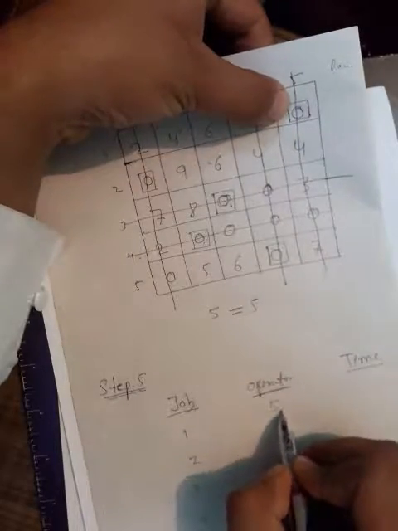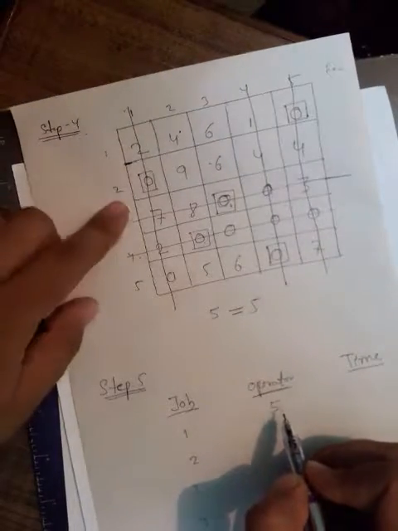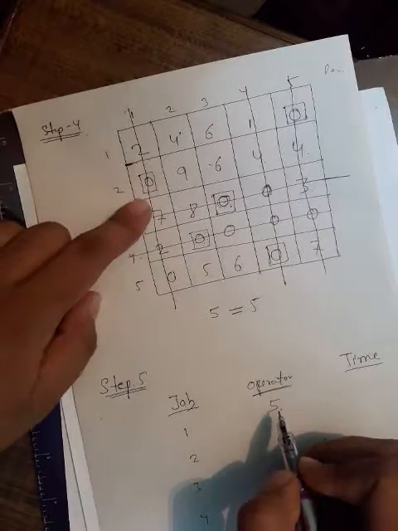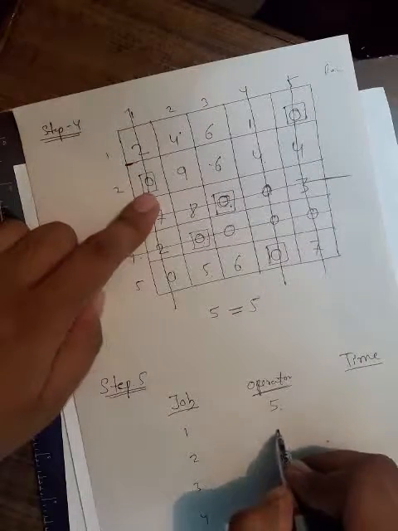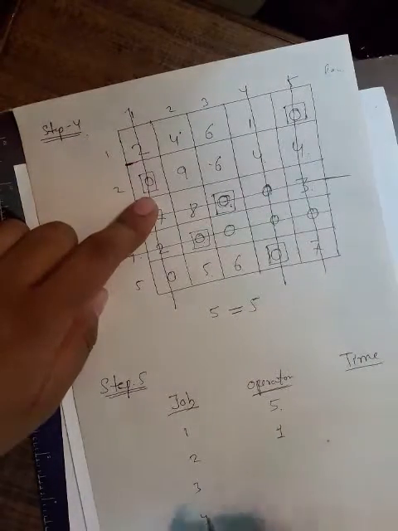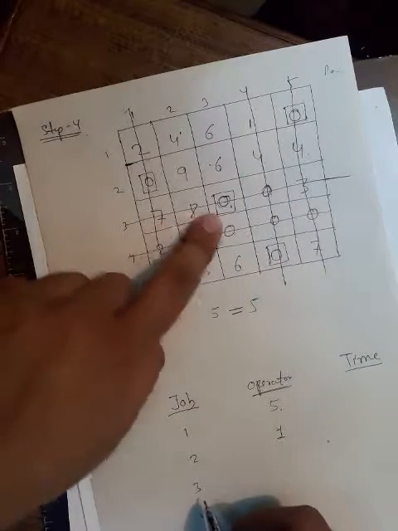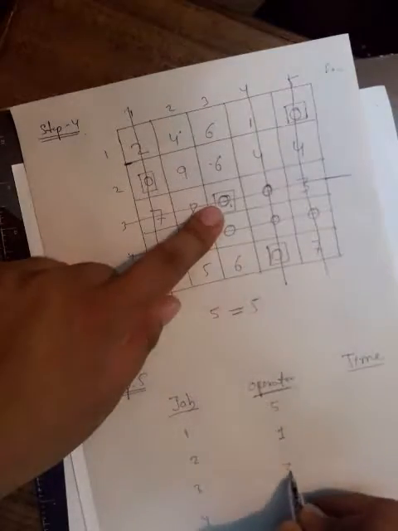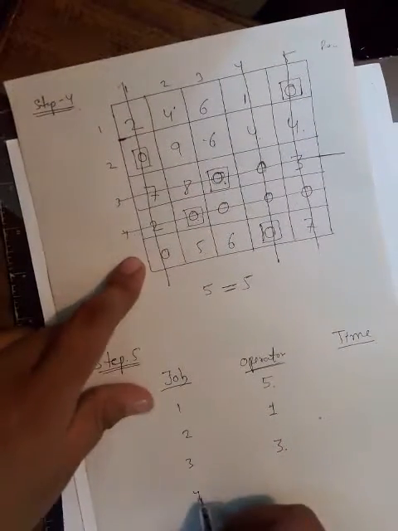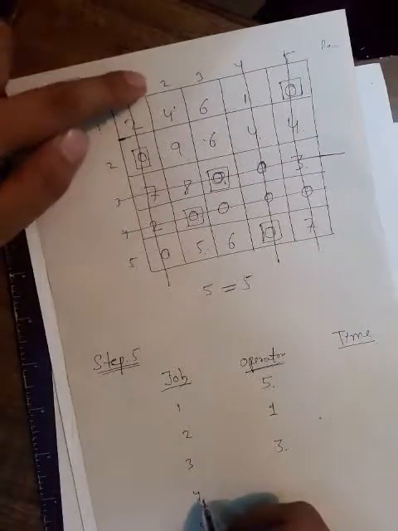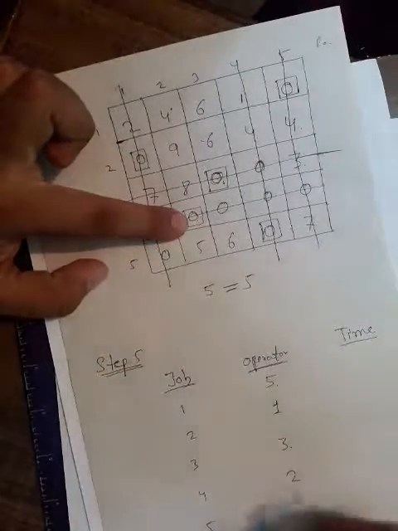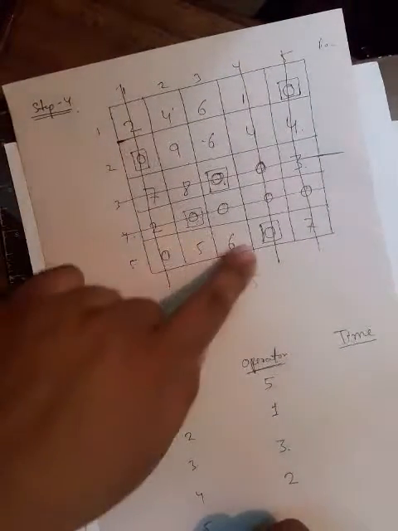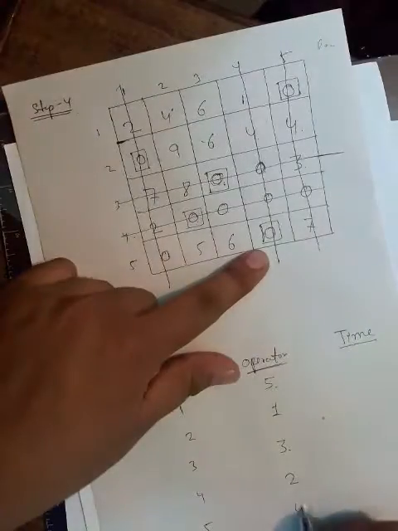For the second row we have operator 1, where the 0 comes. In the third row the 0 comes at the third operator. In the fourth row the operator is 2. In the fifth row the operator is fourth.